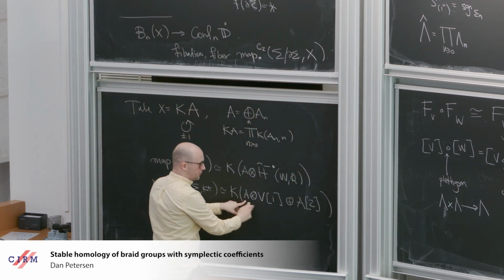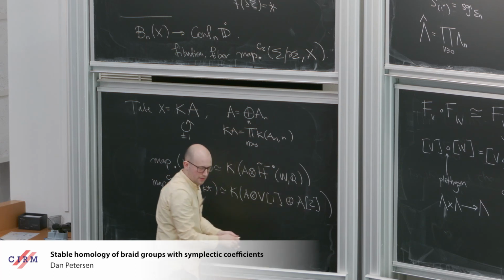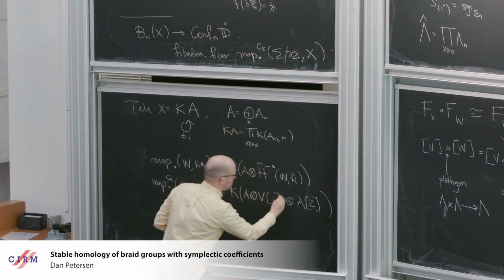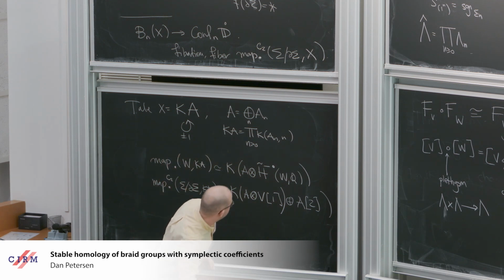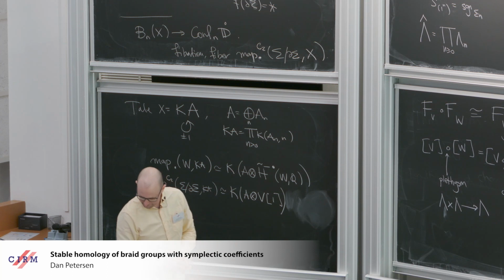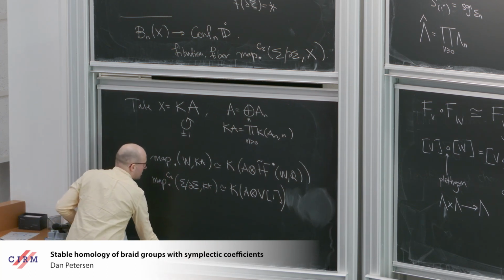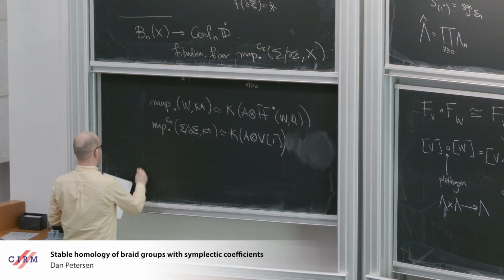So C2 acts trivially on this one, and it acts as minus 1 here. When I take C2 fixed points, this goes away, and I'm left with the following fibration.